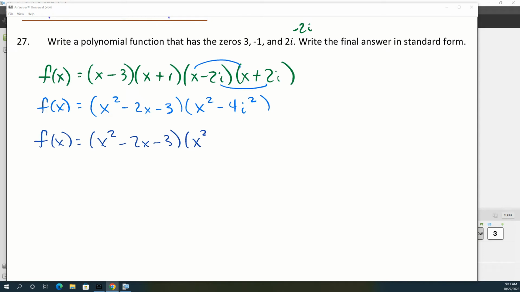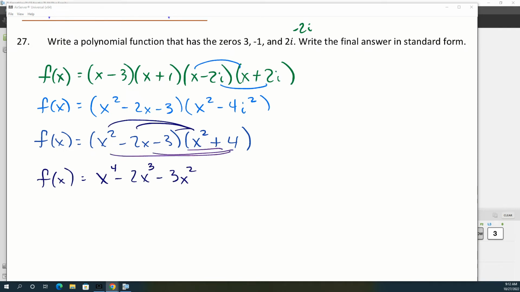All right, and then negative 4i squared is really just plus 4. All right, so now we're going to need to distribute x squared. And then distribute the 4.